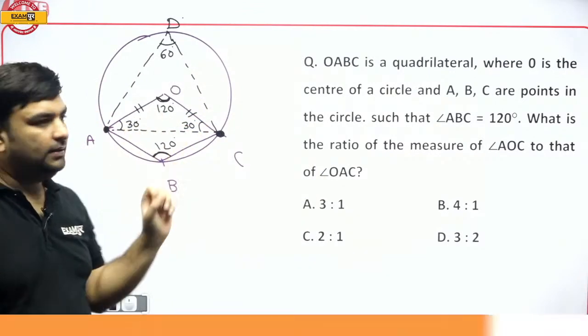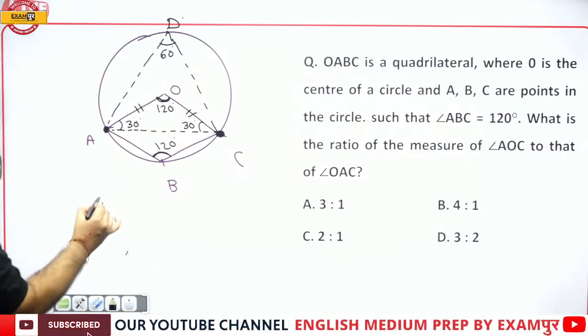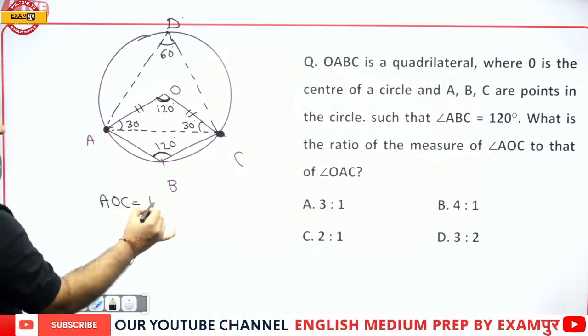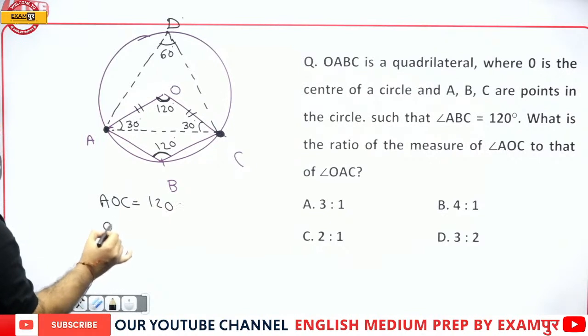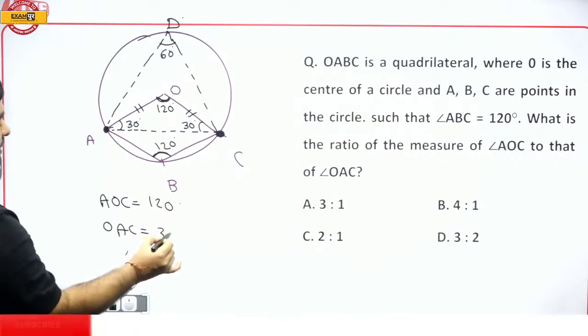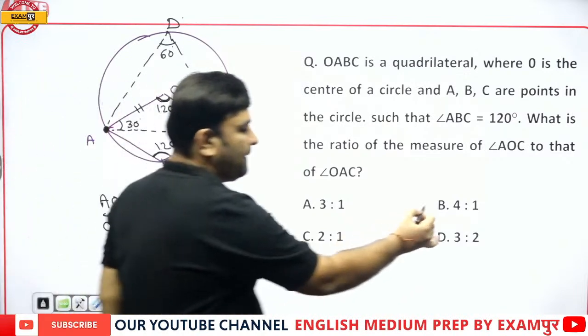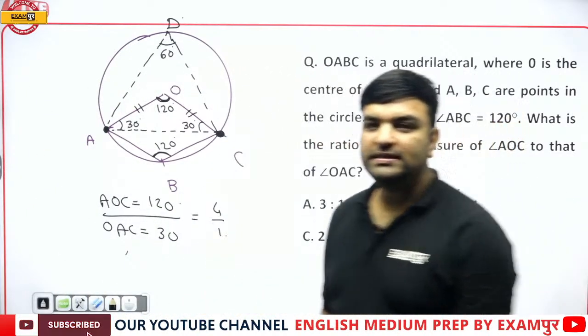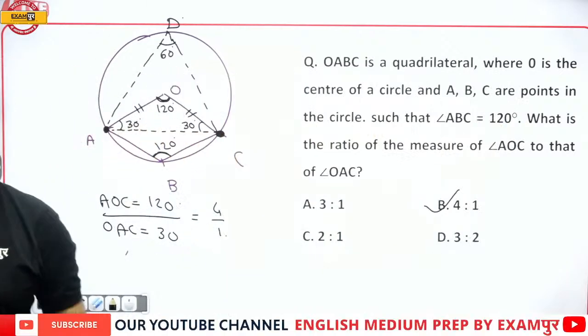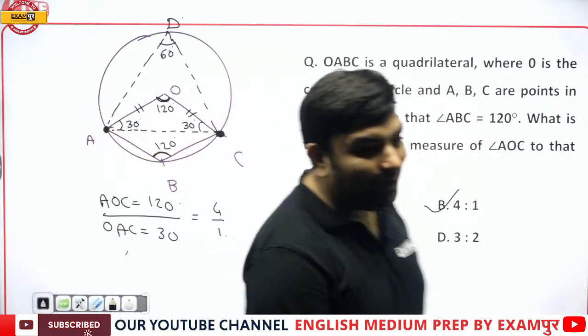120, 30, 30. So you will say, sir, angle AOC is 120 and angle OAC is 30, which is in the ratio 4:1. Clear to all, guys?